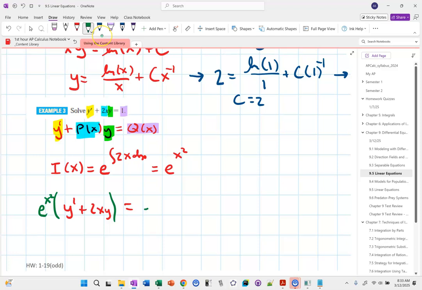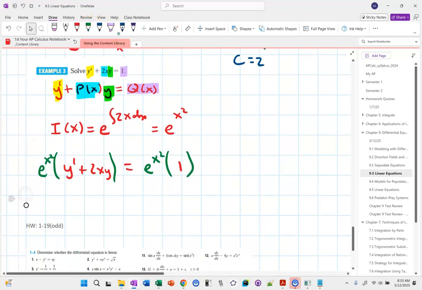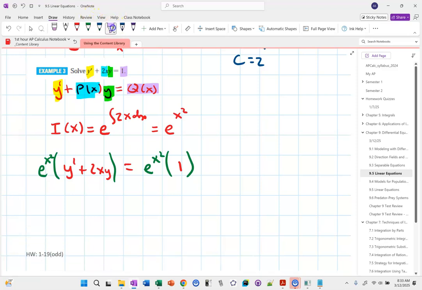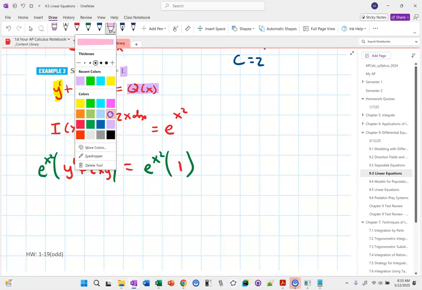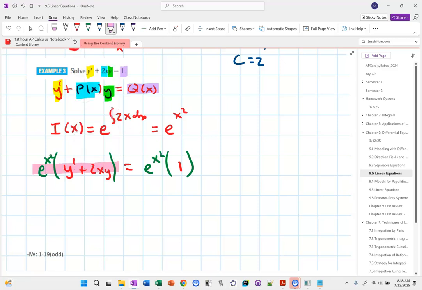I'll do this one slowly so that we can emphasize this a little bit better. Now, the entire left-hand side simplifies down to the derivative of I of x times y, right?